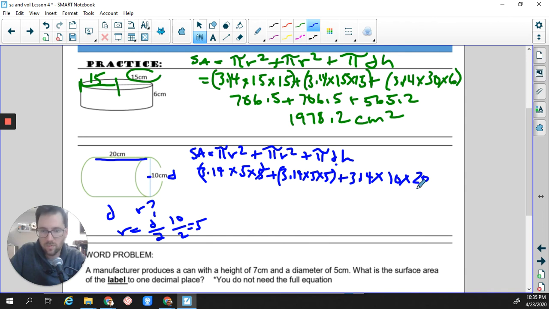3.14 times 5 times 5 equals 78.5. And I know this is going to be the exact same. It's the same circle plus 3.14 times 10 times 20 equals 628.